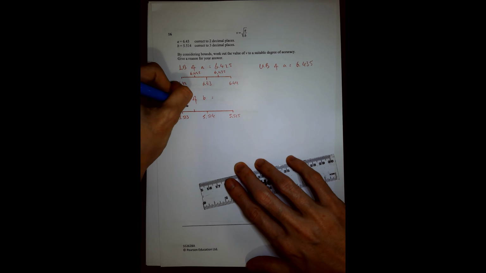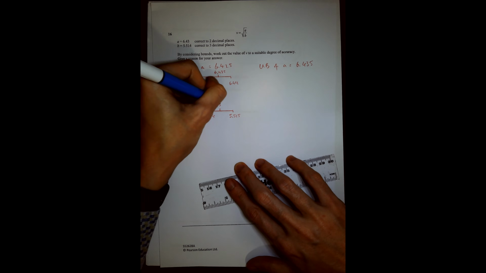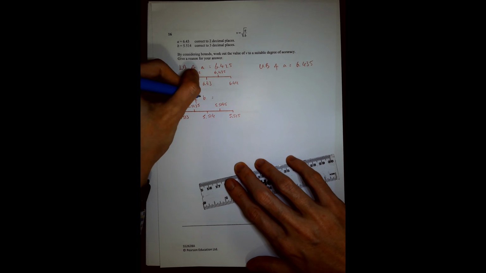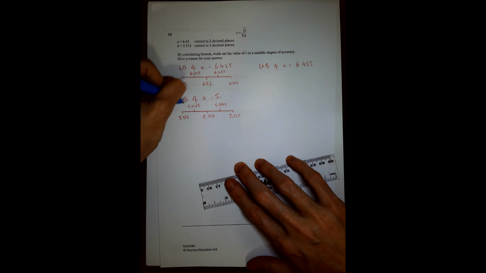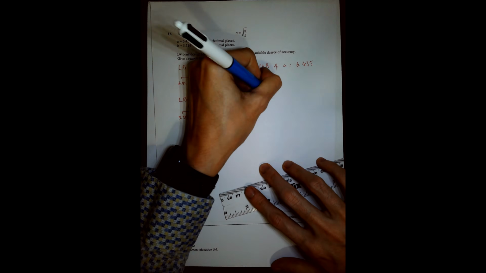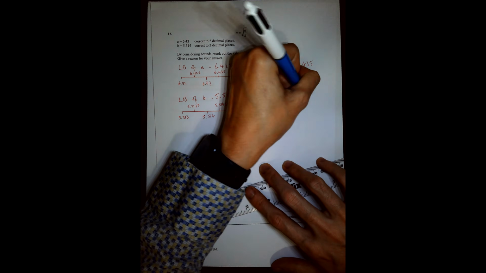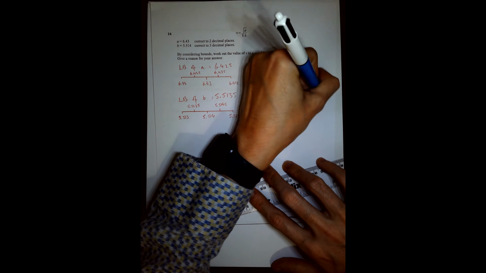Go halfway, 5.5135 and 5.5145. So lower bound of B, 5.5135 here, and upper bound of B is 5.5145.